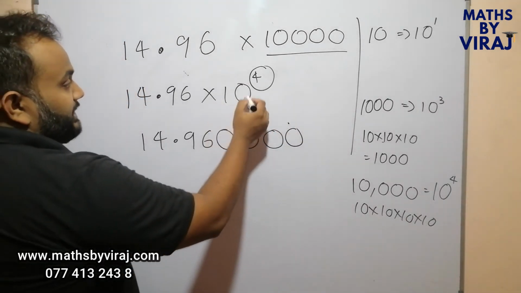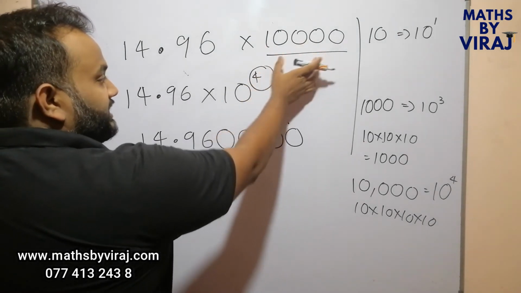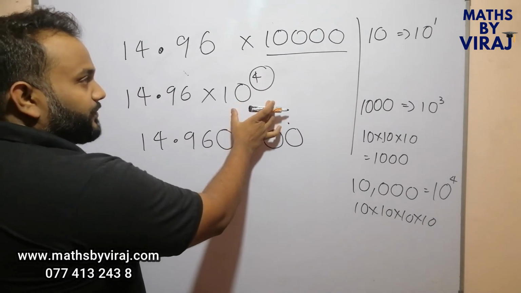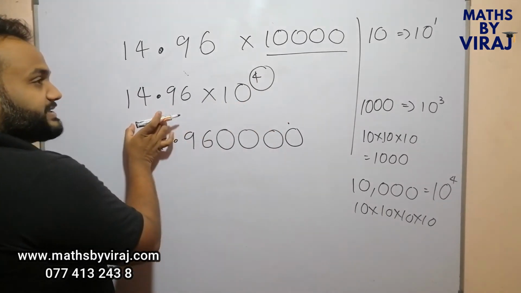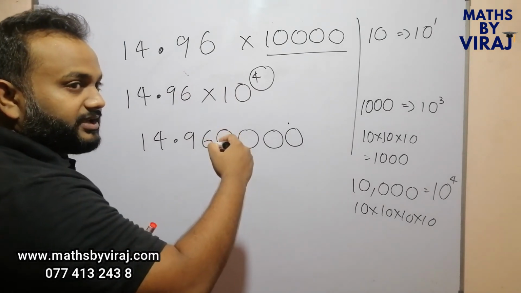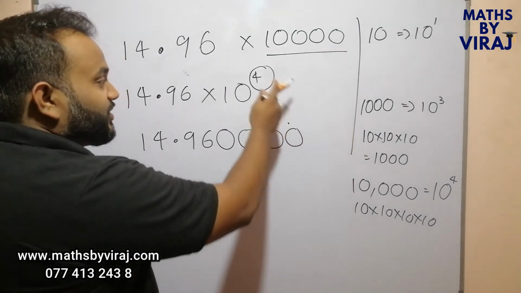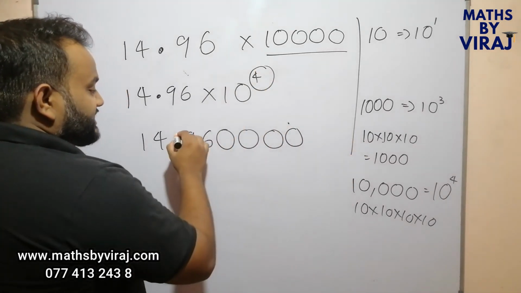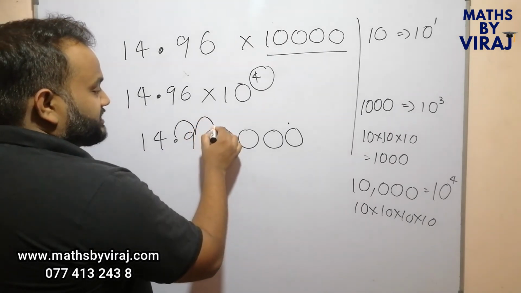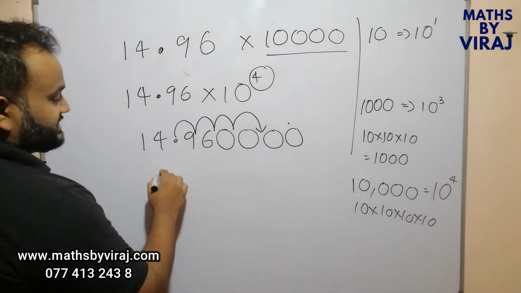Now, when you multiply by 10 to the power 4, how did I get 10 to the power 4, children? 10,000 can be written in the form 10 to the power 4. Therefore, when a decimal is multiplied by a power of 10, the decimal point shifts to the right according to the power that is given. In this case, the decimal point is going to jump once, twice, thrice and 4 times, giving us the answer.